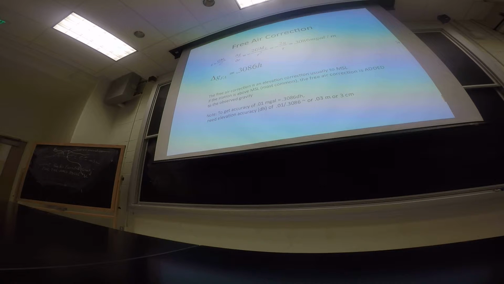So first of all, if we do this correction, is this going to be a positive or negative addition to the gravity number? Negative, right. It's going to be negative. Negative correction. And the typical way that we do this is really a half-assed way.